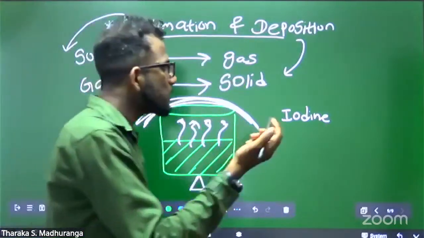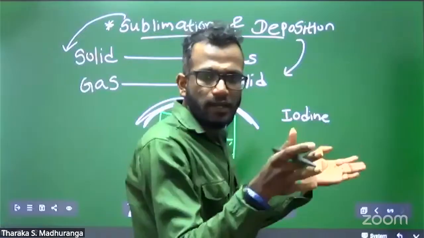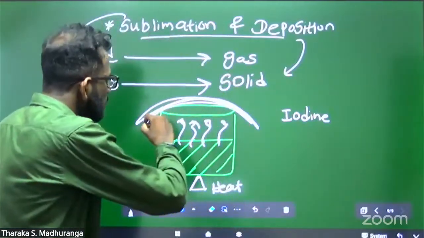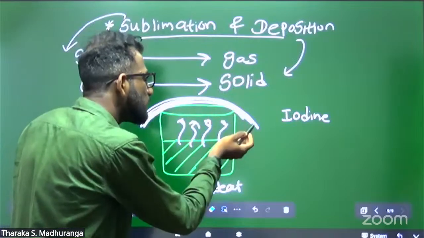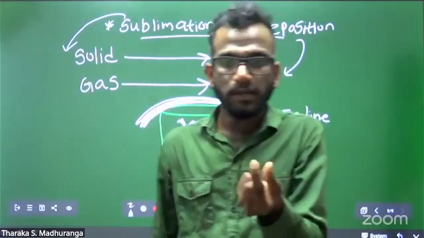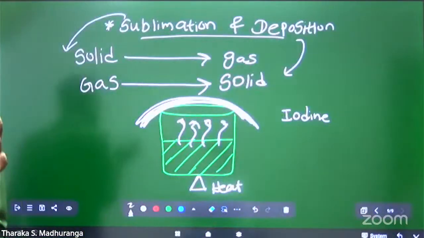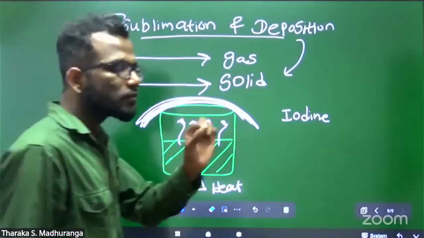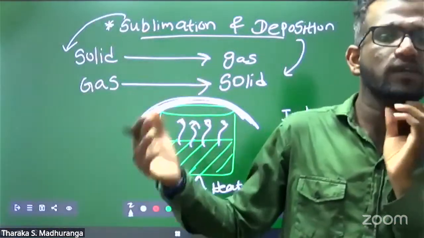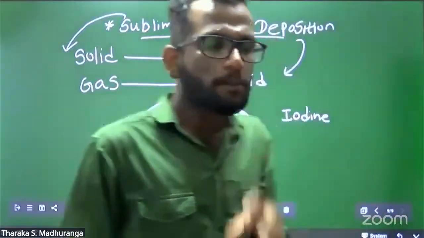That means sublimation. If I collect it, it is deposition again. After sublimation, we can separate them as solid compound. They are not valid for every compound, only for specific compounds. Okay, that is sublimation and deposition.